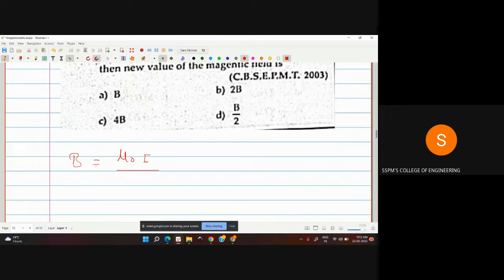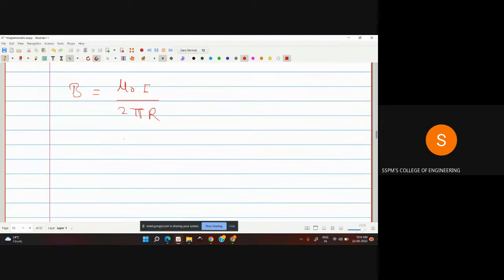The magnetic field due to a solenoidal coil is mu 0 I divided by 2 pi R, where R is the radius of the coil. This is given, you should remember this equation. Then the remaining thing becomes very easy. Now you have to find B1 of the second case.